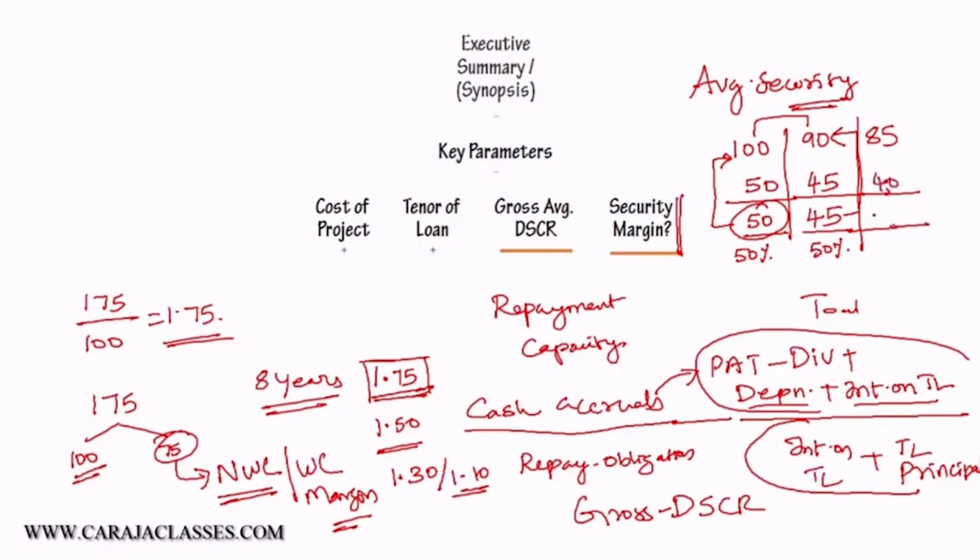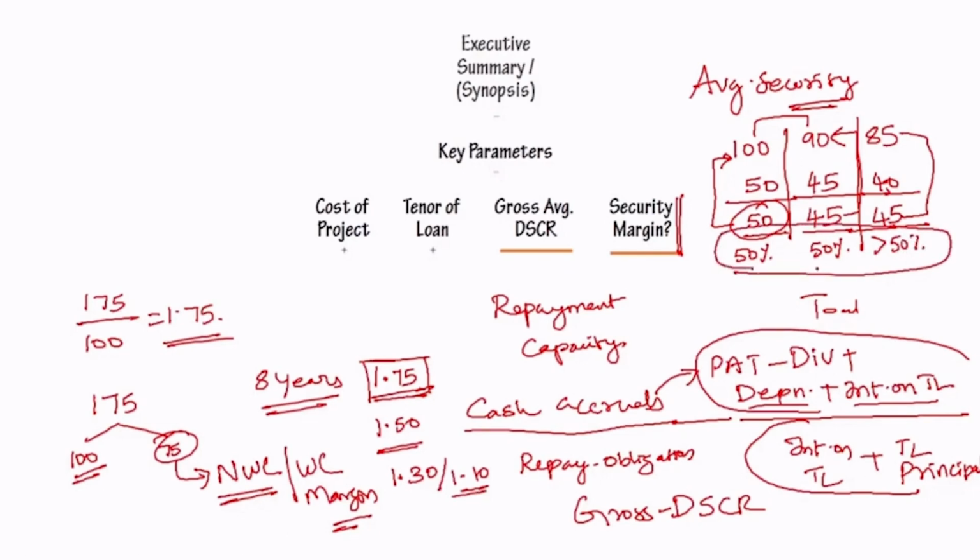So 85 minus 40, you still have 45 as security margin. 45 on 85 is greater than 50%. Like that you will be calculating for each and every year, and eventually you will be taking the average of this. That's what we capture here as average security margin.